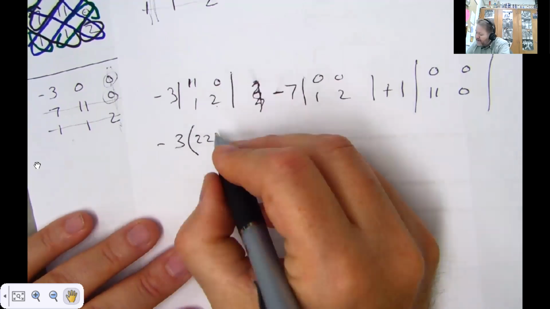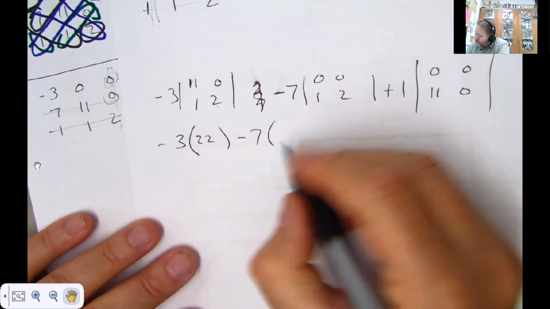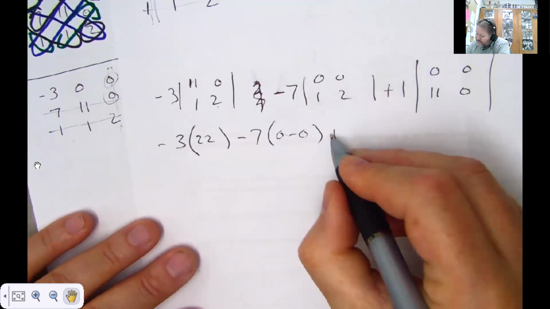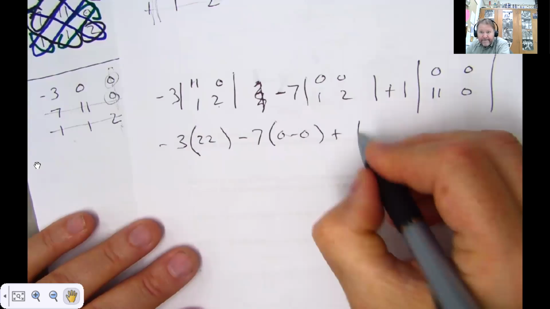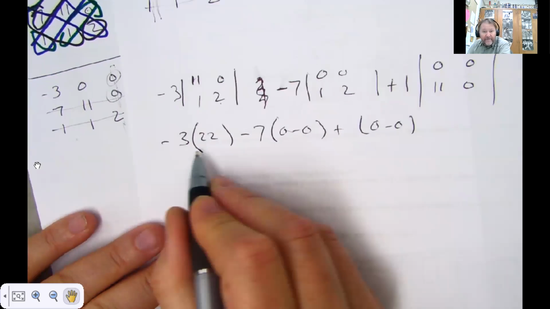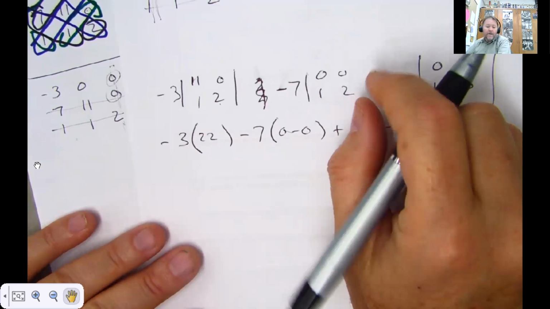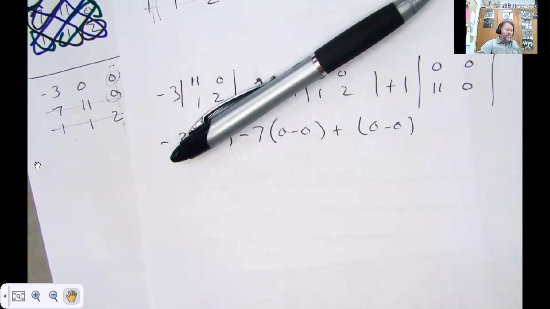It's going to be 22. It's going to be -7 times 0 minus 0 plus just 1. So I'm just going to make it like that. 0 minus 0. And so that's going to be -3 times 22, which is again -66. Come on now. It's the same thing every time, right? So it doesn't really matter.